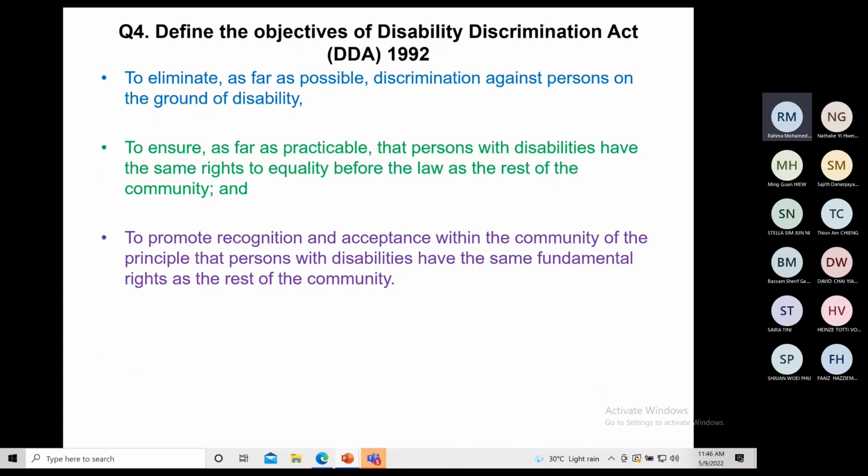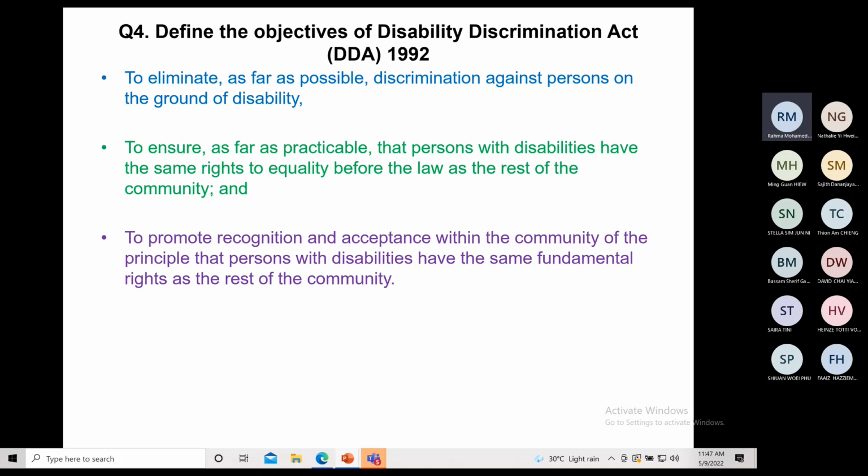Okay, then moving on to question 4, we have to define the objectives of the Disability Discrimination Act of 1992. Actually, you can just pass through the lecture slide. We have talked about the 3 most important objectives. Number 1 is to eliminate as far as possible discrimination against persons with disability.